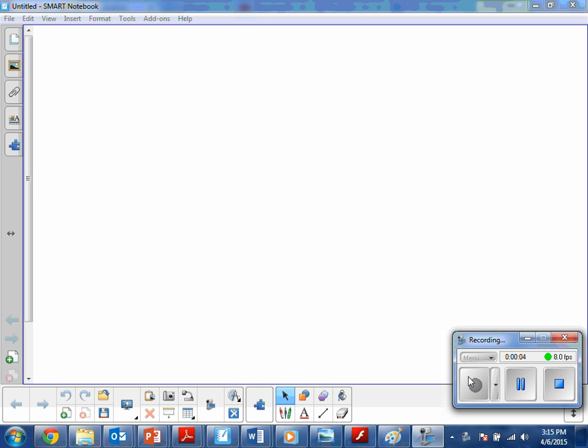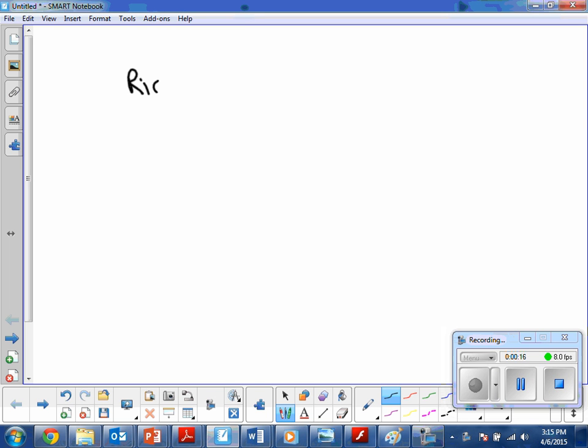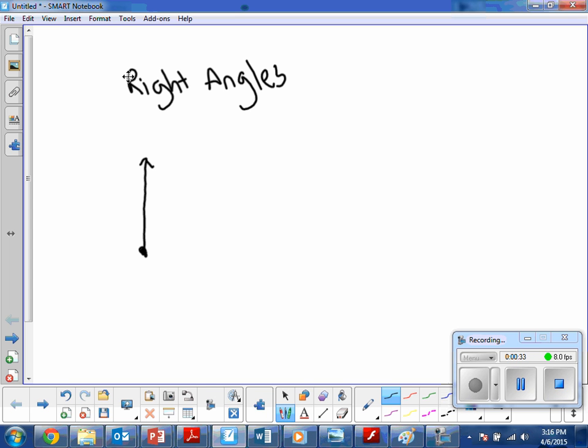Well, we're going to go ahead and really quickly review our I can statement yesterday. If you remember, our I can statement yesterday was being able to identify or find right angles. And if you remember, an angle is where you take a ray, remember a ray, and you take a second ray.